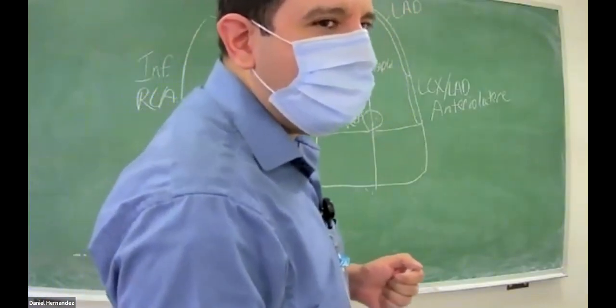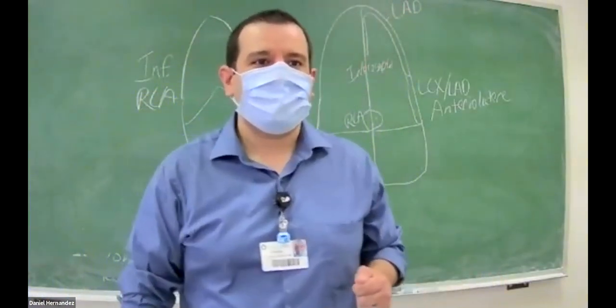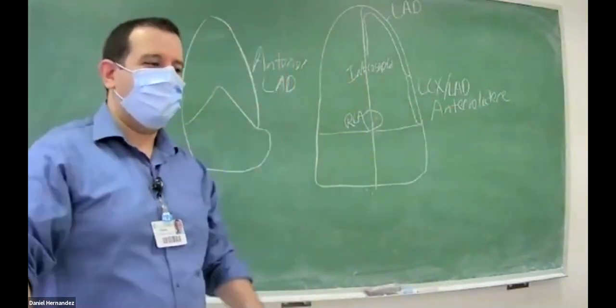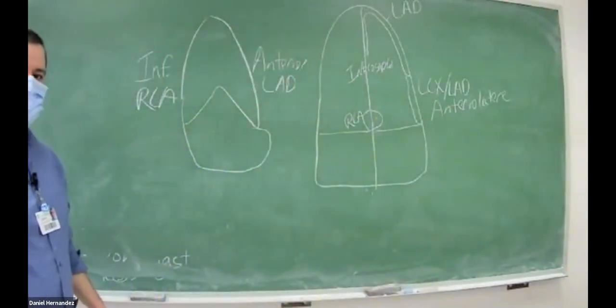Do we know what Epstein's anomaly is? Displaced tricuspid valve. Yep. And it's displaced basal or apical? Apical. Good. Displacement of the tricuspid valve.